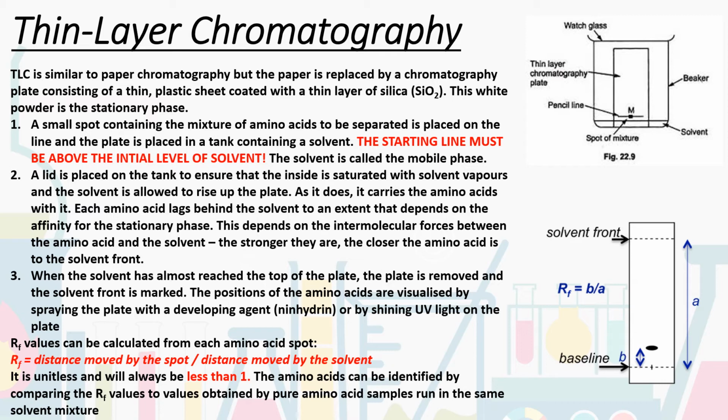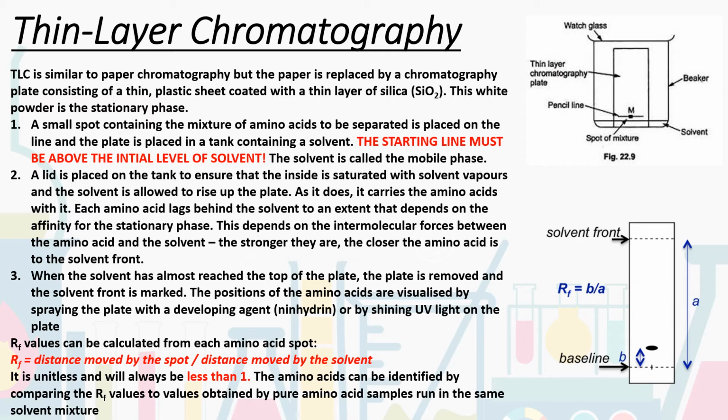So the stronger the intermolecular forces are between the solvent and the amino acid, well, the further it's going to move up the plate. The more affinity it has for being with the solvent, the less affinity it has for being with the stationary phase. If the intermolecular forces between the stationary phase and the amino acid are much stronger, well then it will hardly move up the plate at all.